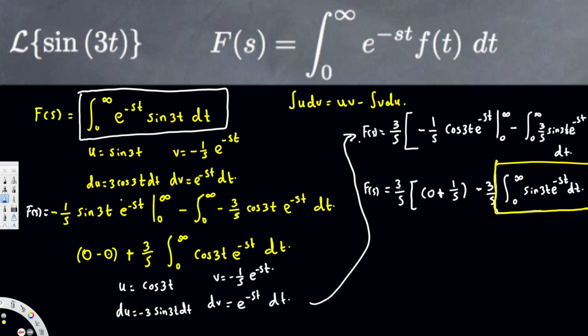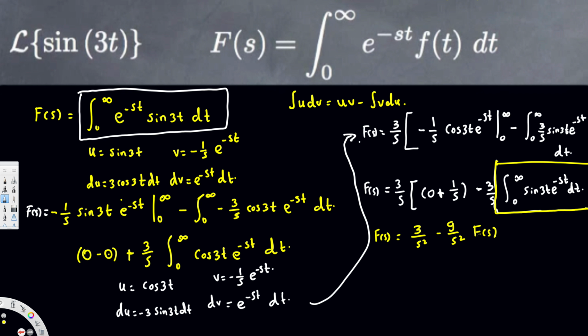Okay, now let's multiply everything by 3 over s first. So this is going to be 3 over s square for the first one, and for the second one this is going to turn into negative 9 over s square. Multiplying by this one, we can replace it with F of s, so this is going to be F of s right here, and on the other side of the equation this whole thing is equal to F of s.